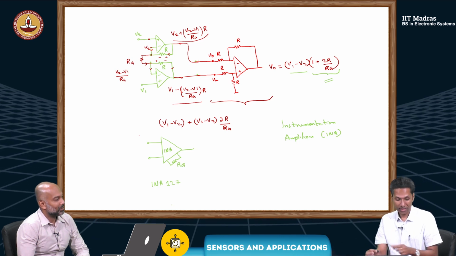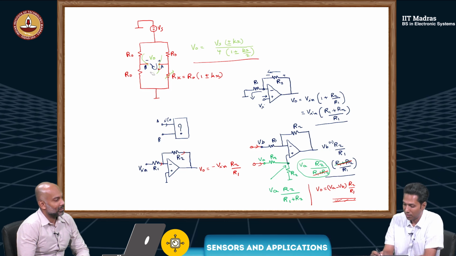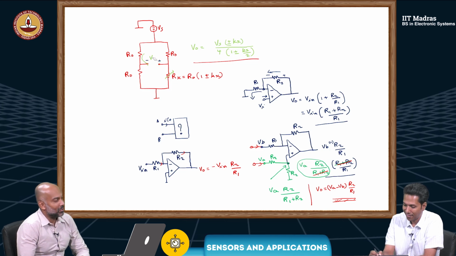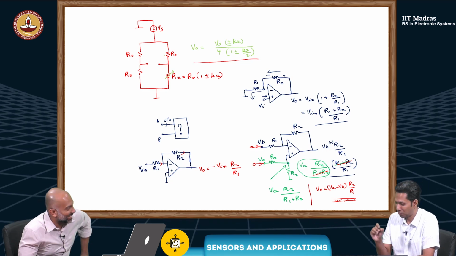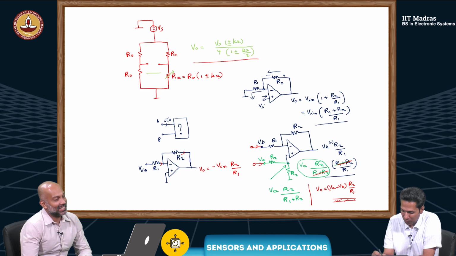Right. So now we can use this instead of this meter that we are showing. So basically what you're saying is you can go out and buy this amplifier and connect it there. Yes. Then this problem is solved.